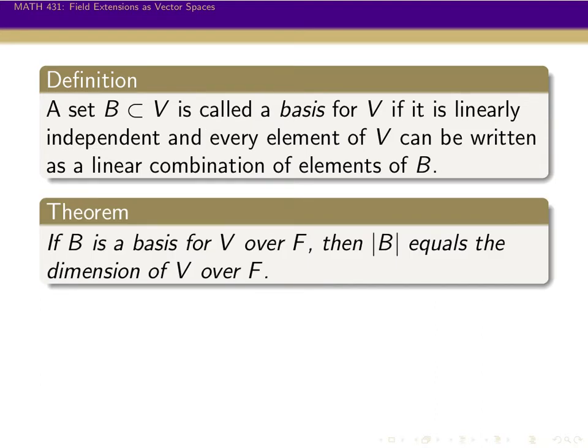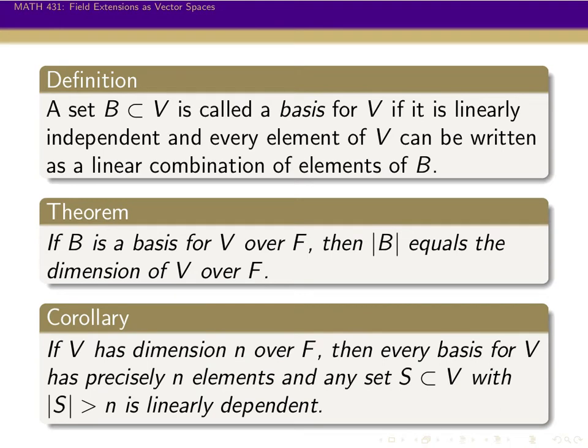And then the important result, which we're not going to prove, this is just a result from linear algebra that you would have seen, is that the number of elements in a basis equals the dimension of the vector space. And so in particular, if a vector space has finite dimension, that means that every basis has the same number of elements.